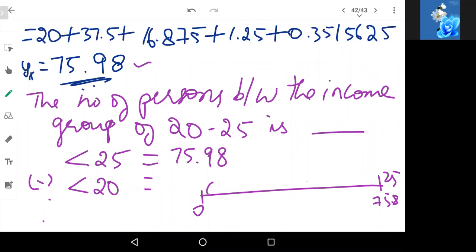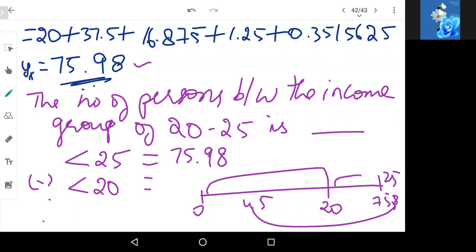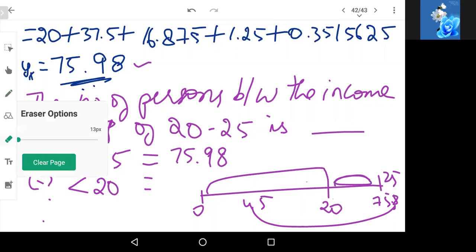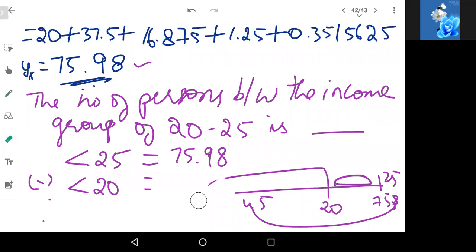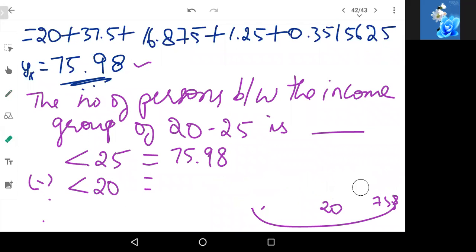Now, if you write down the value from 0 to 20, if 0 to 20 is 45, and you take the difference between these two, you will be able to understand what is the value you have got here. Did you people understand the logic? How to find the value when the group is asked?